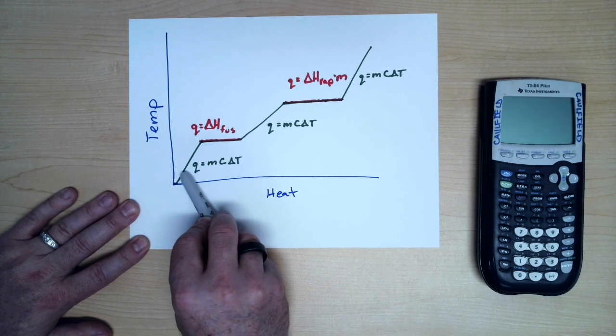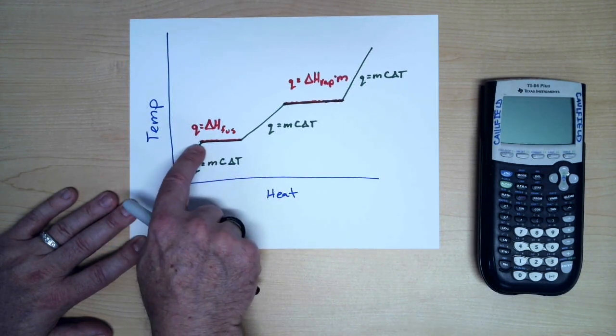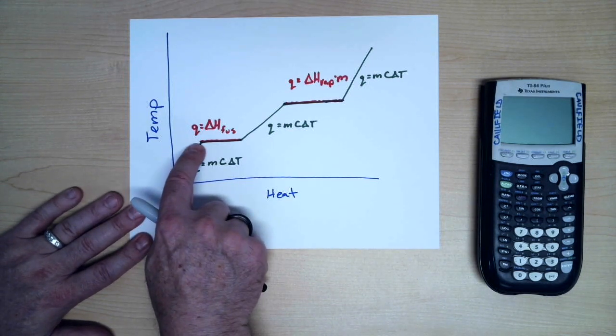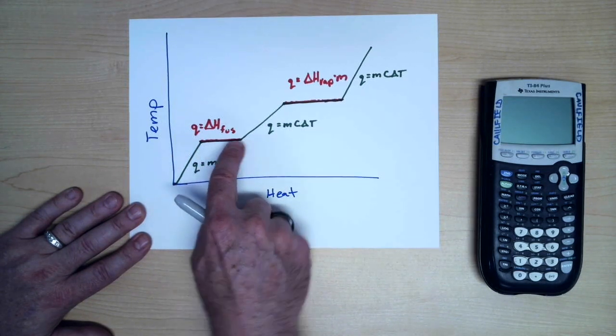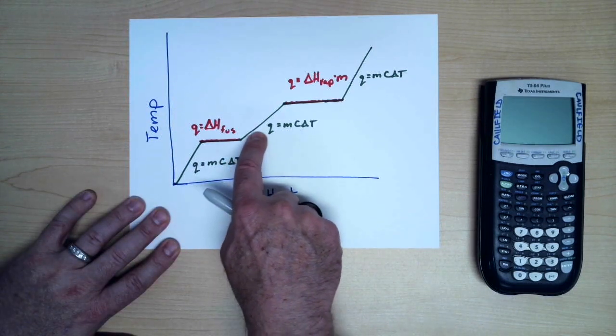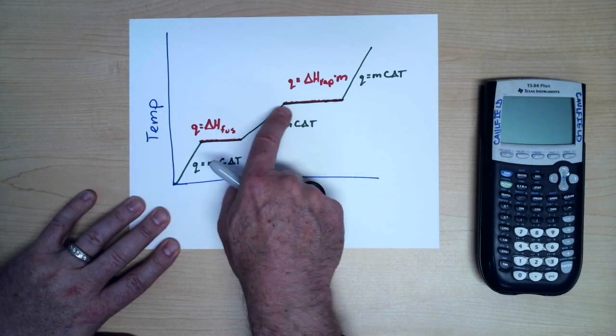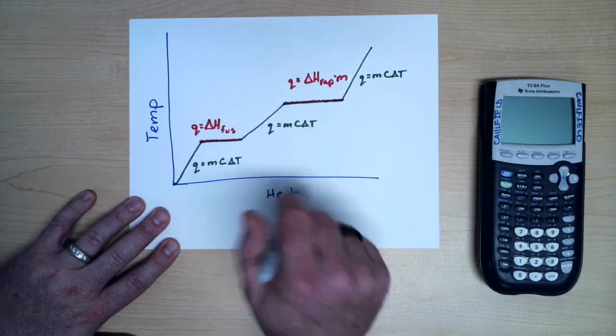So all of my energy is going into increasing the temperature. Then when I reach the melting point, which of course for ice is 0 degrees Celsius, then I'm going to put all of my energy into the melting process. Now that I have entirely liquid water, I would be again heating that liquid water with my energy. And then this would be vaporization. And you can literally grab a portion of this.